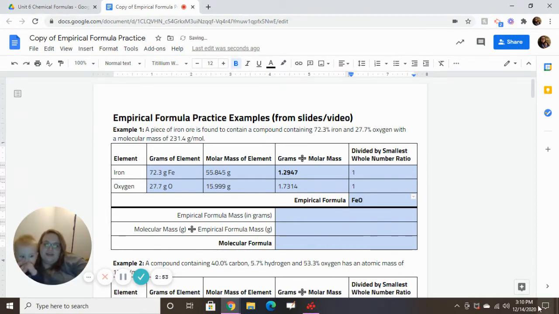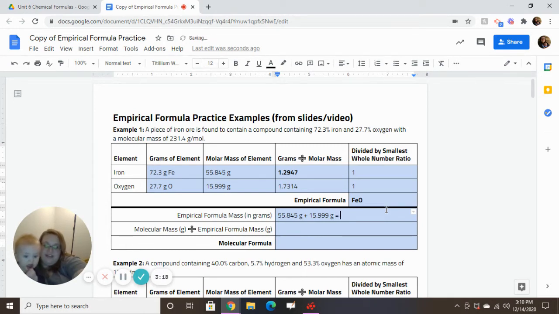FeO. Okay, so now let's do the empirical formula mass in grams. That is your number of irons plus your number of oxygens. So I have 1 iron at 55.845 grams, plus 1 oxygen at 15.999 grams.